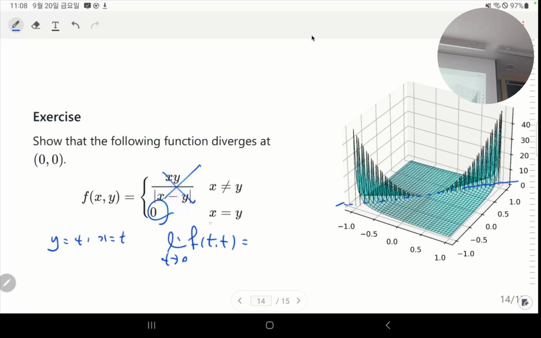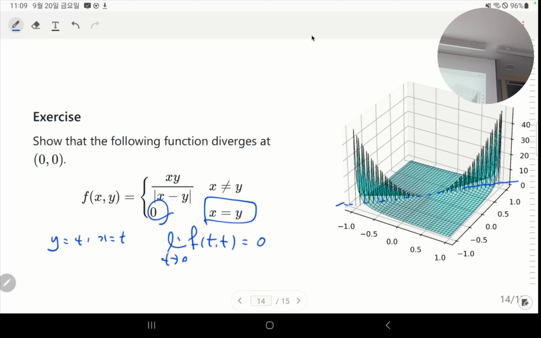I'm using the other formula because I'm following this path. So it's 0 always. The limit of 0 is 0. So the task is to find a path, other than this one, where the limit is non-zero.